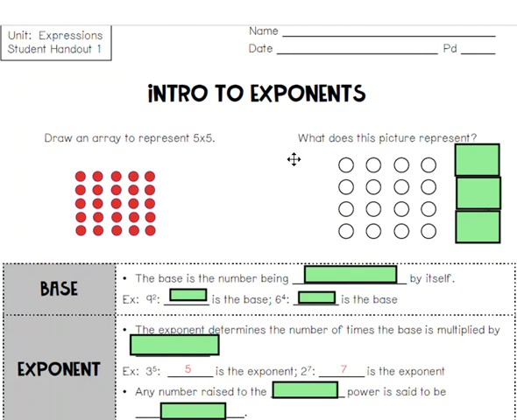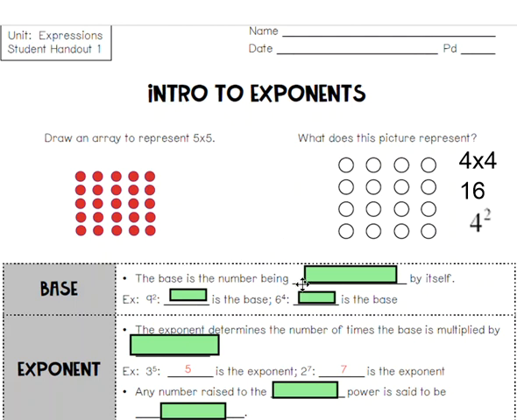Over here it says, what does this picture represent? Okay, and you can see this in a few different ways. You can see this as a 4 by 4 square. You can see this as also 16 circles. Or we could even summarize this with an exponent. So we're starting with just this understanding that we're multiplying similar numbers, 5 and 5, 4 and 4, but that's kind of what exponents are. So let's dig right in.